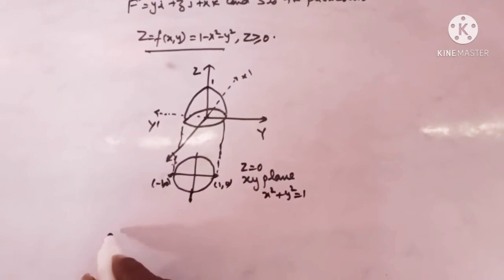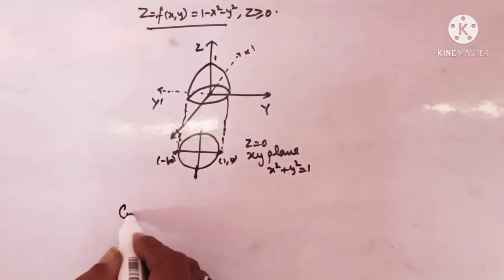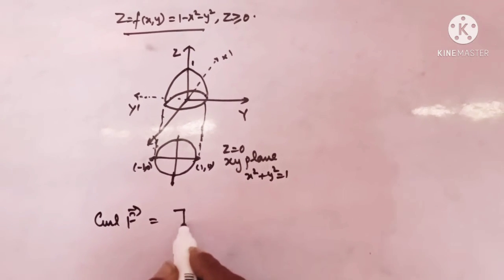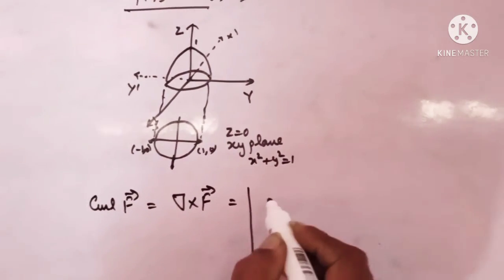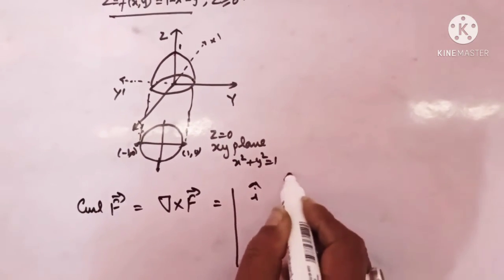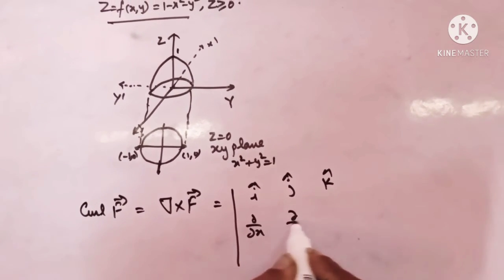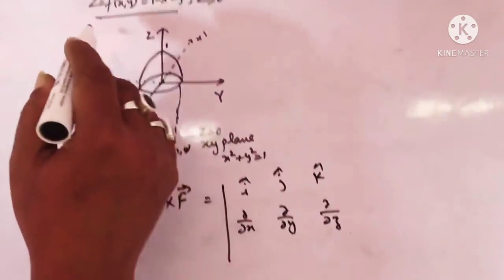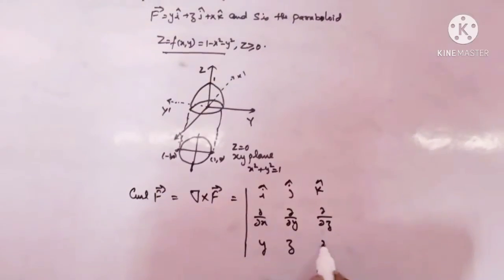First of all, I will find out the curl of F. That is del cross F, with i cap, j cap, k cap, del x, del y, del z, and your vector is y, z, x.